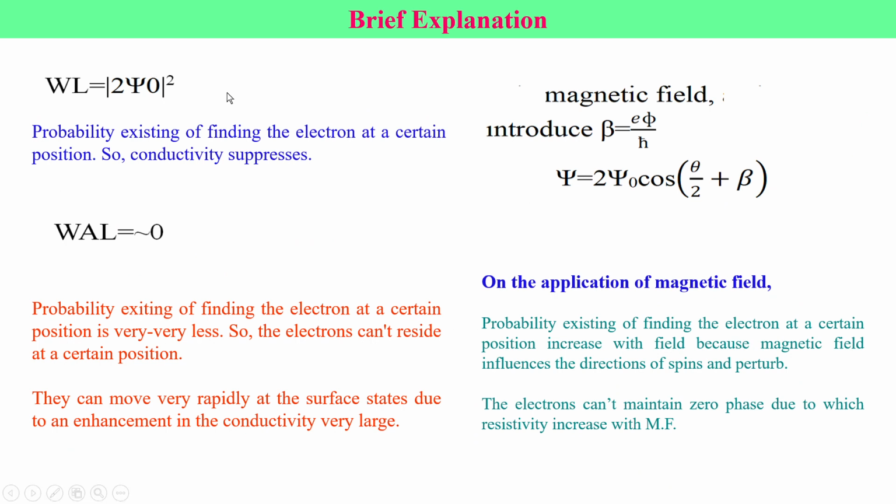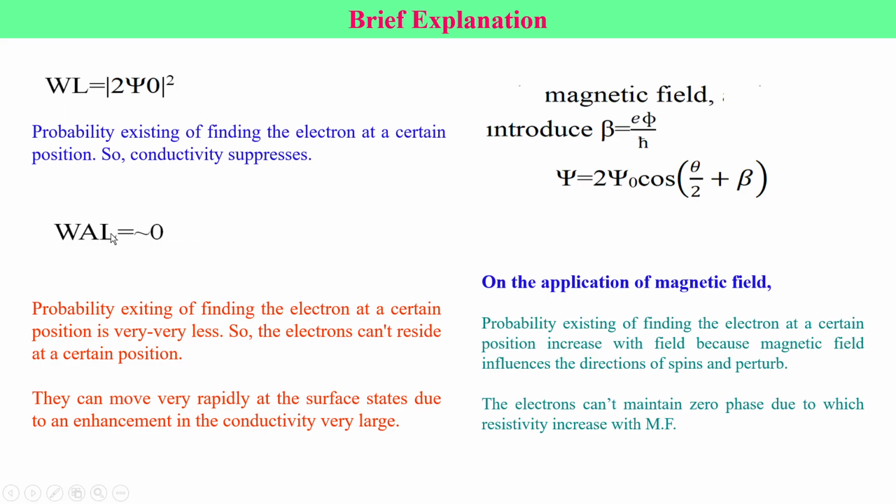So when the electrons interfere constructively, in the case of the weak localization signatures, the probability is very high. So the probability of the electron residing at a certain position is very high, and this reduces the conductivity.